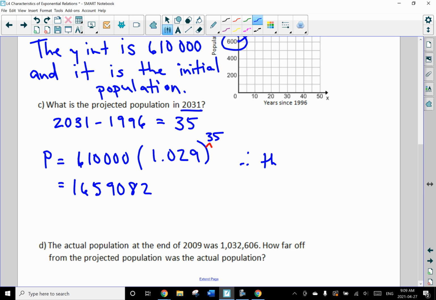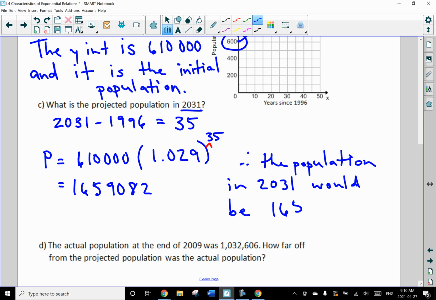Therefore, the population in 2031 would be 1,659,082.